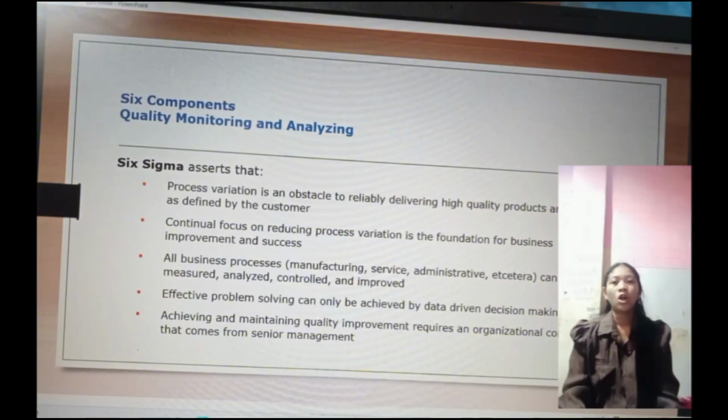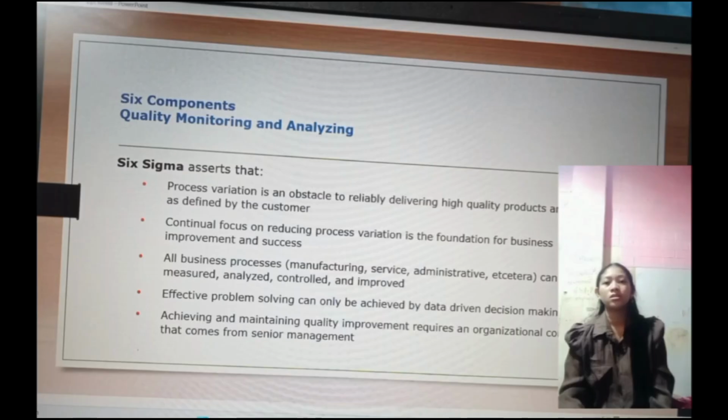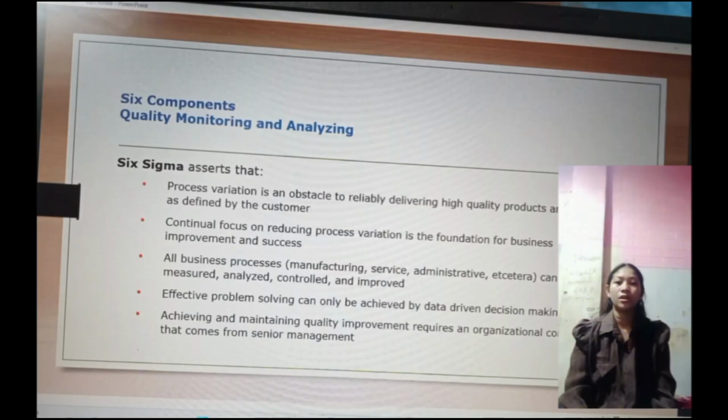profitability. All business processes, manufacturing, service, administrative, etc., can be measured, analyzed, controlled, and improved. Six Sigma principles can be applied to any process within an organization regardless of its nature.